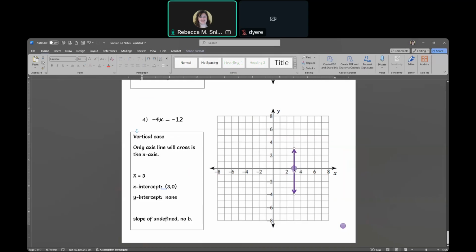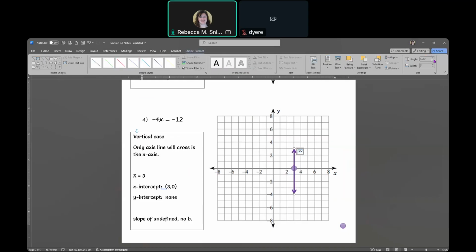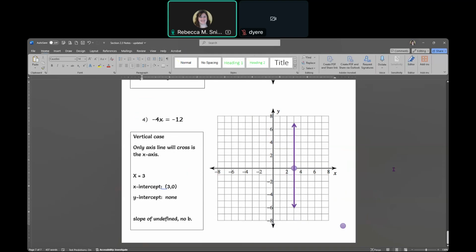So this is going to go through and extend in this vertical fashion, thus running parallel to my y-axis, but never actually crossing. We're going to be more specific about these two cases when we start talking about creating equations of lines, but this is just the introduction to try and get you there. Okay.